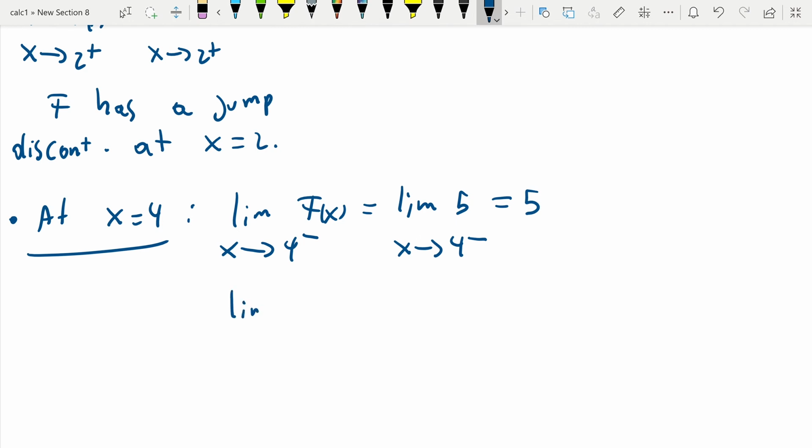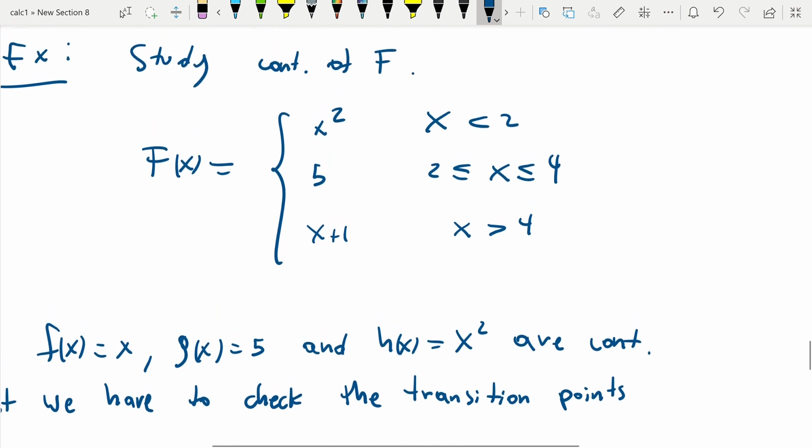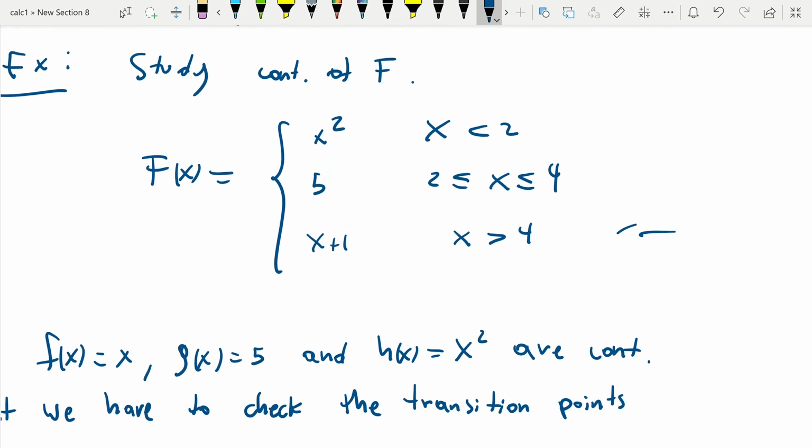Also, the limit of f of x as x approaches 4 from the right is the limit of what function now? Again, we're approaching 4 from the right, so we're looking at values of x that are greater than 4 but close to 4. That means that we're inside this interval, and here f of x is defined as x plus 1.